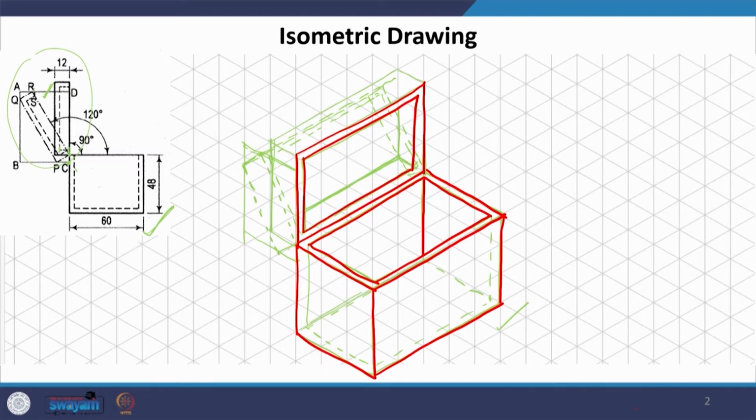You can take several examples to practice this. Take up any orthographic projection which is given, this is how you are going to see this. You can draw the dotted lines as light or dotted, whichever way suits you, but this is what we are going to see as the final solid.